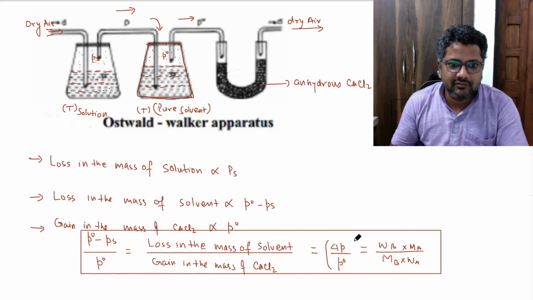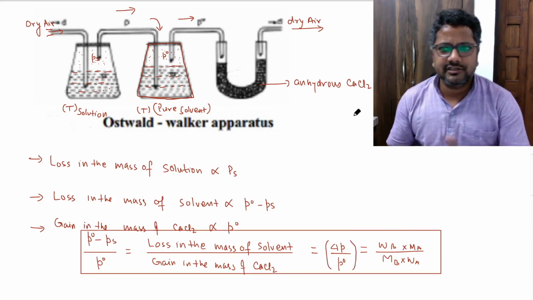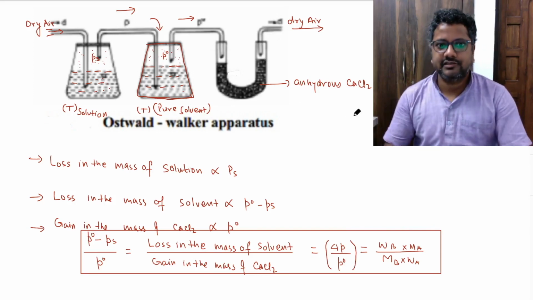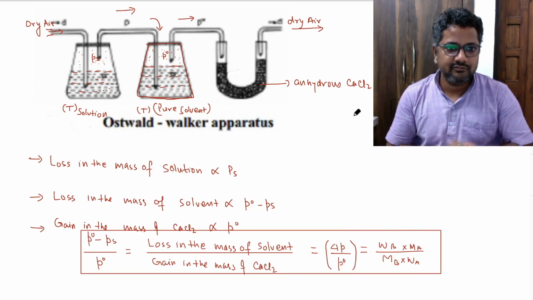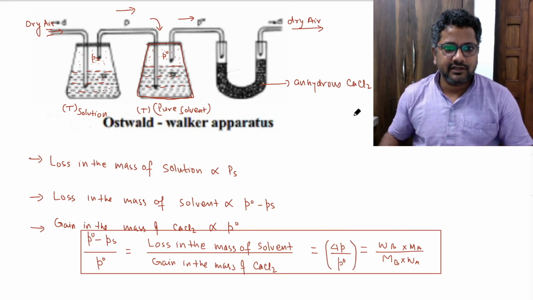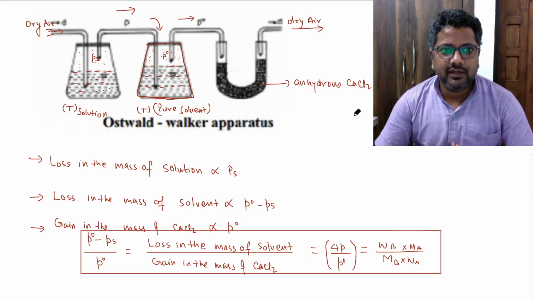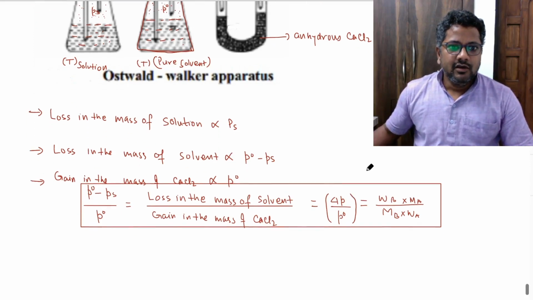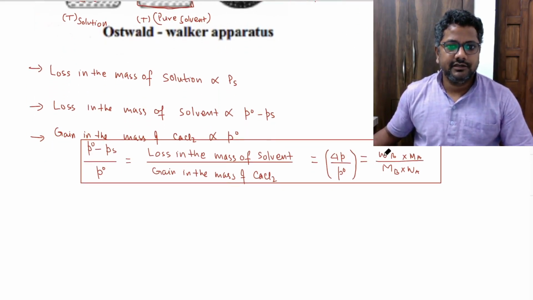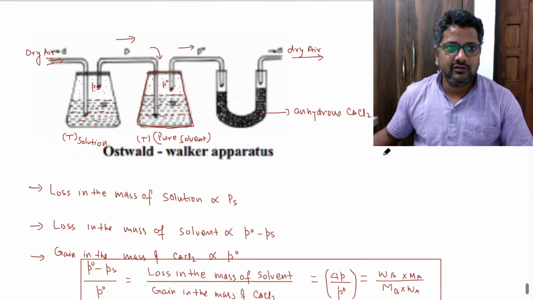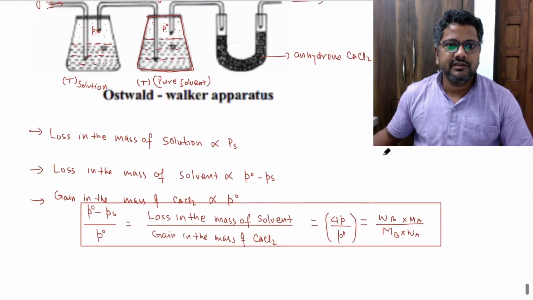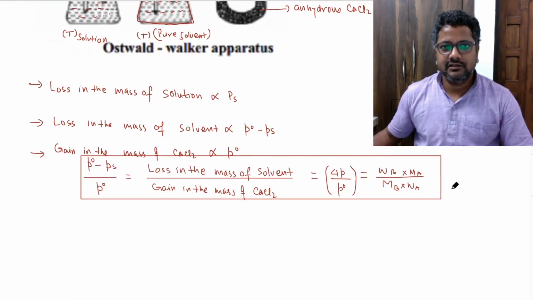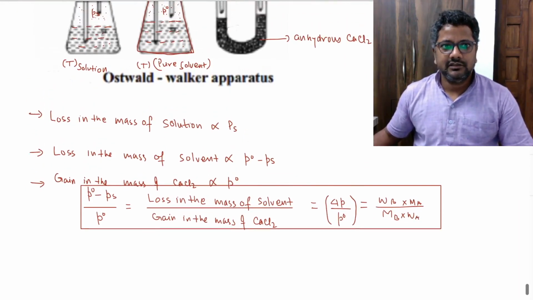This is the simple Ostwald and Walker's process through which we can calculate the relative lowering in vapor pressure, right? Okay, so now your chapter is over. Now let's do some problems, and after that we will start the next chapter.